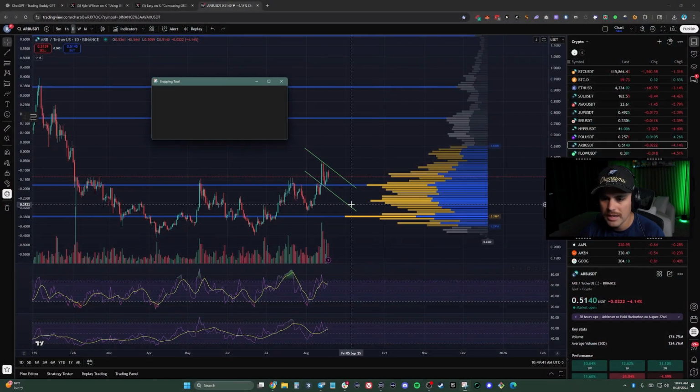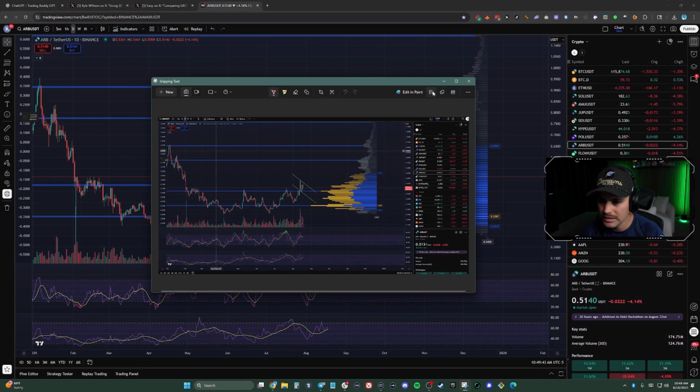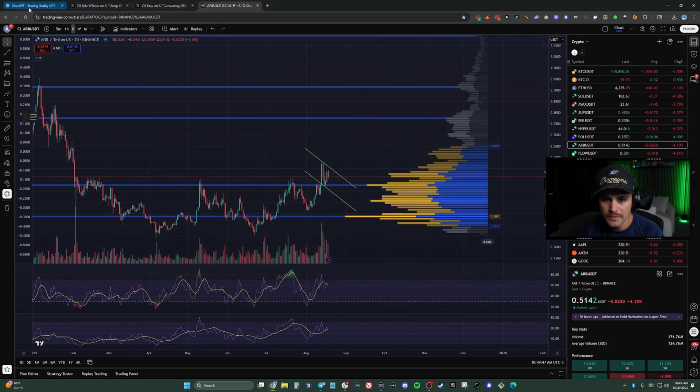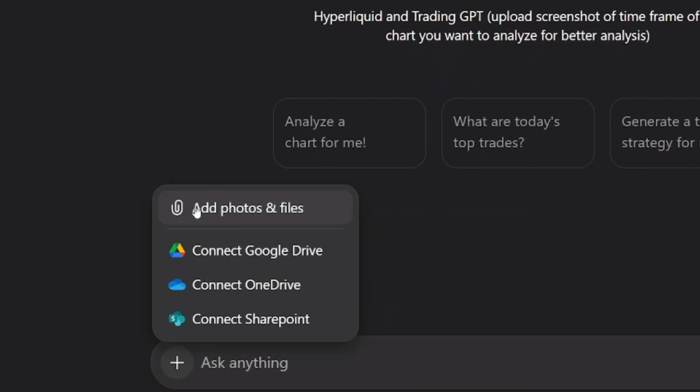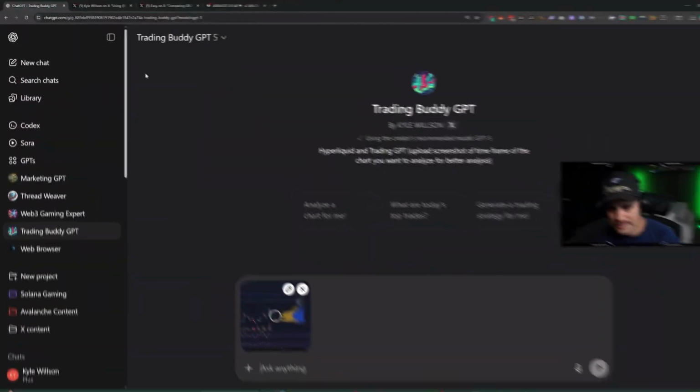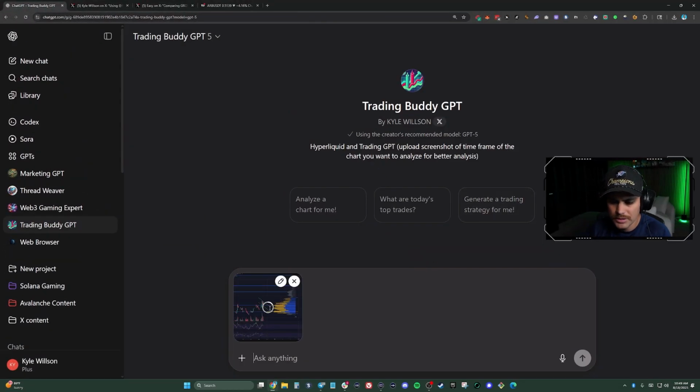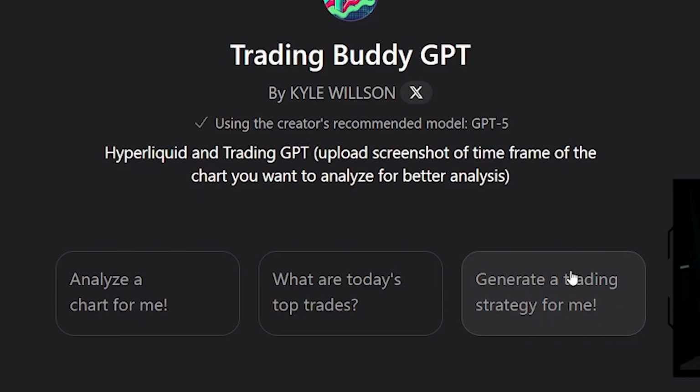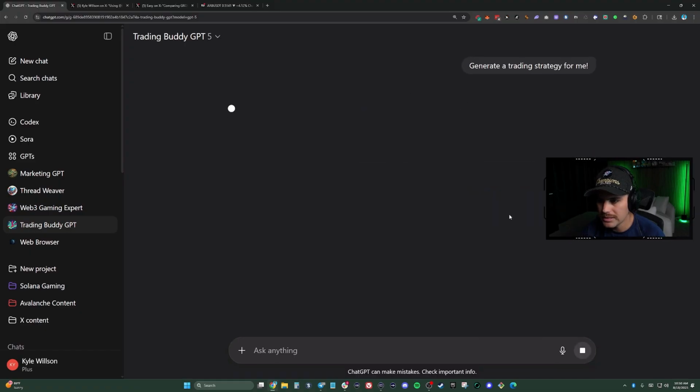I like to have all the data on my screen, as much data as it can parse through. I think the more data, the better for ChatGPT. This is better used on PC because for some reason, when you do mobile, it won't submit the photo if you click one of these pre-prompted prompts over here. So we're going to wait for that to load. We're just going to click on that.